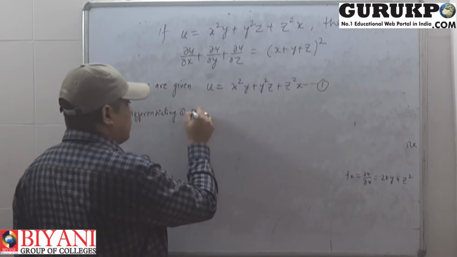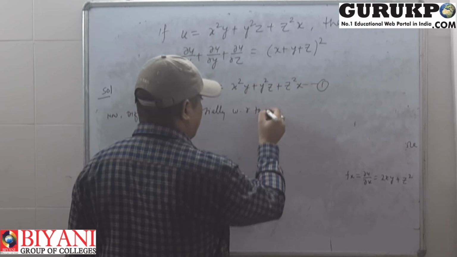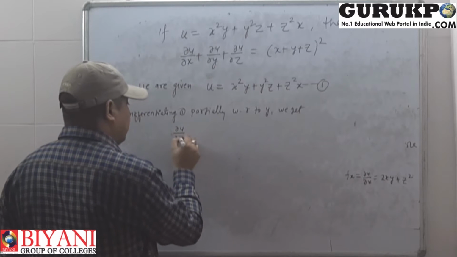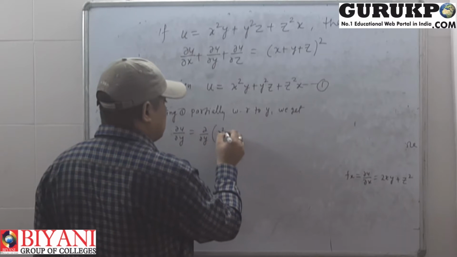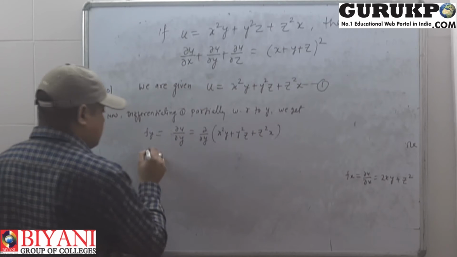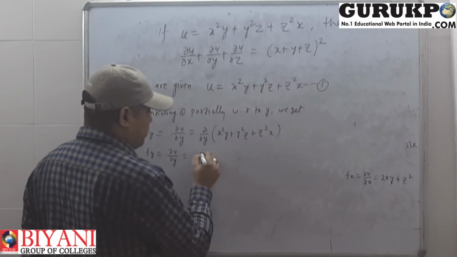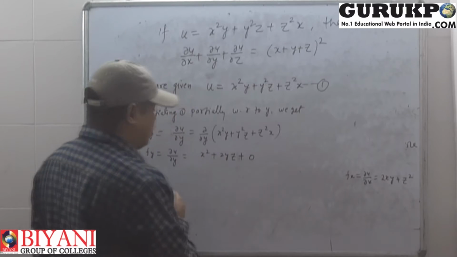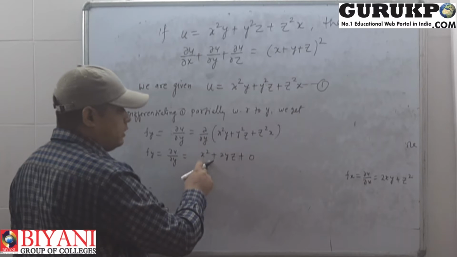Now differentiating 1 partially with respect to y, we get del u by del y, f of y, equal to del by del y of x square y plus y square z plus z square x. So f of y, del u by del y, we have x square plus 2yz plus 0, because x square is constant, therefore it remains the same, and partial differentiation of y is 1.